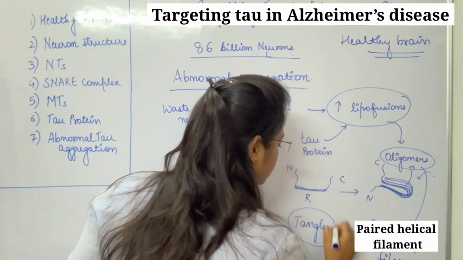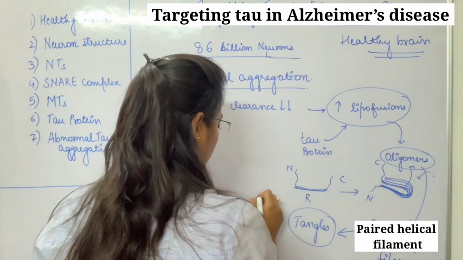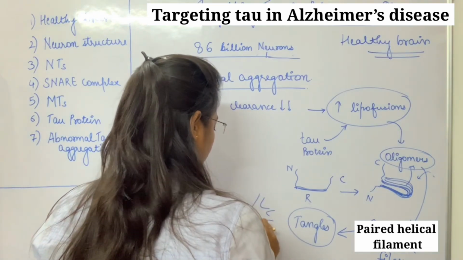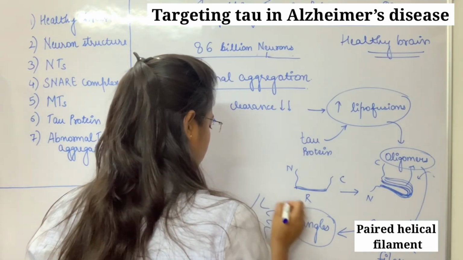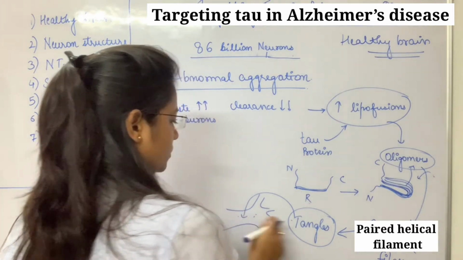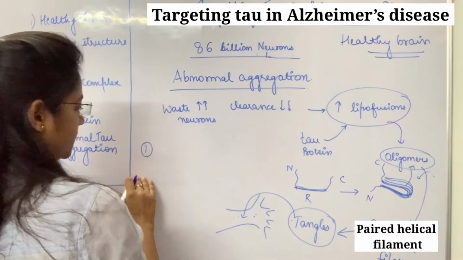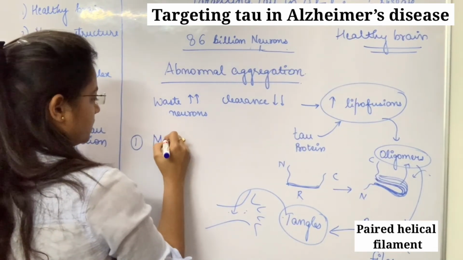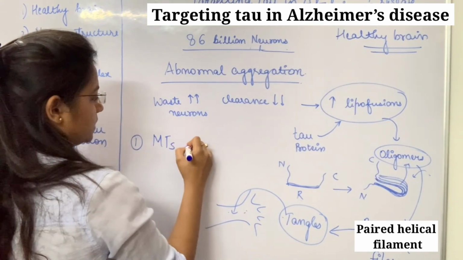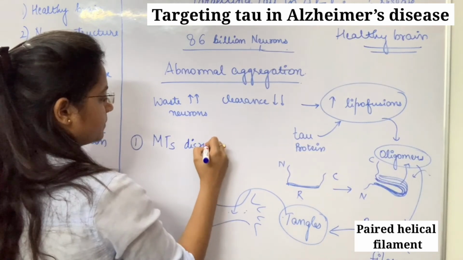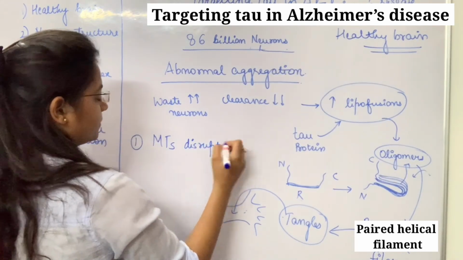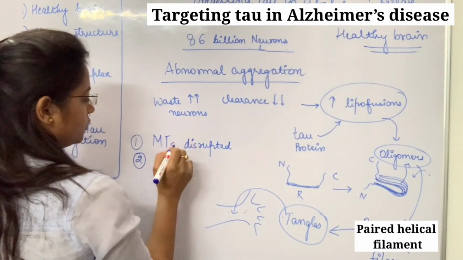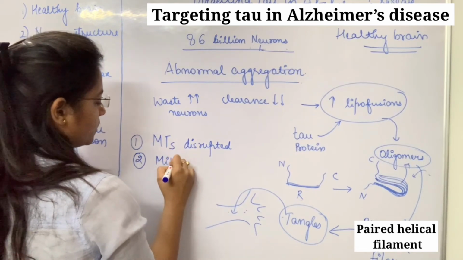These tangles are aggregated in the neuron, and due to this, three things take place. First, MTs, microtubules, are disrupted.